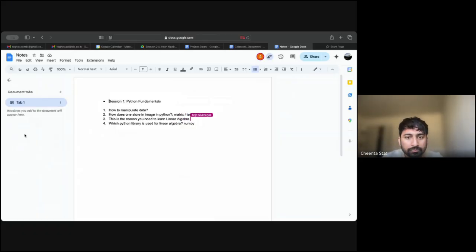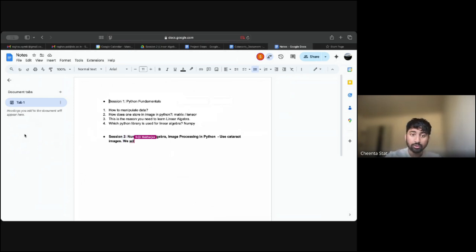Got it? So I think session two's goal should be NumPy, linear algebra, image processing in Python. And for image processing, you will use cataract images.